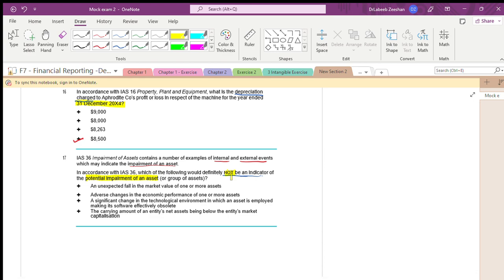The expected fall in the market value of one or more assets. Is this internal or external? Market value, so this is external.